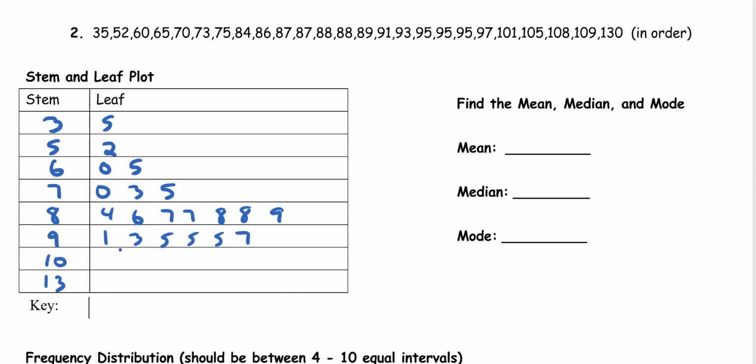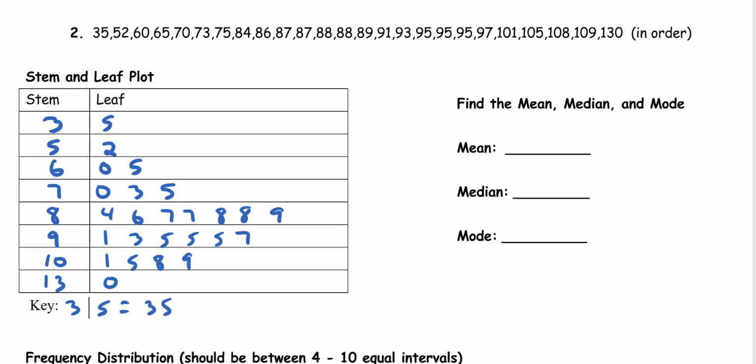And then 1, 0, it'll be 1, 5, 8, and 9, and 1, 3, and 0. And then my key, I'm going to say 3|5 equals 35. That's your key. I'm not going to provide that for you, so you need to make sure that you provide it. Very, very important.